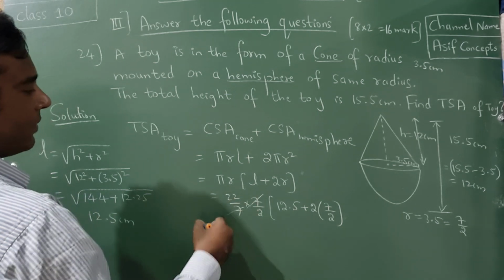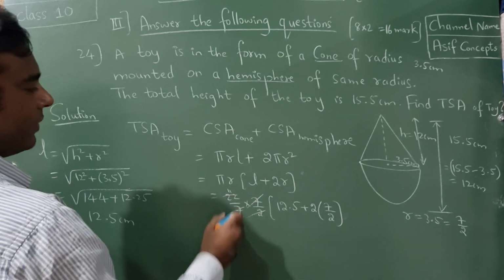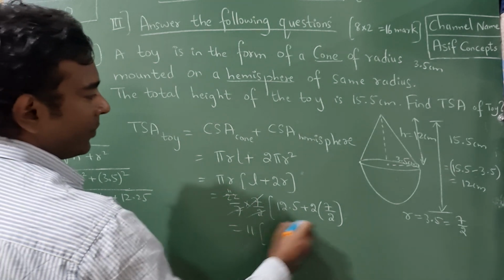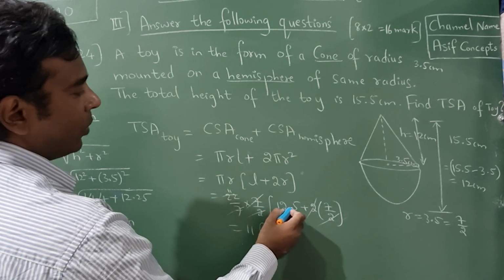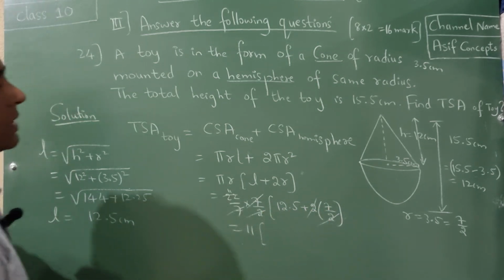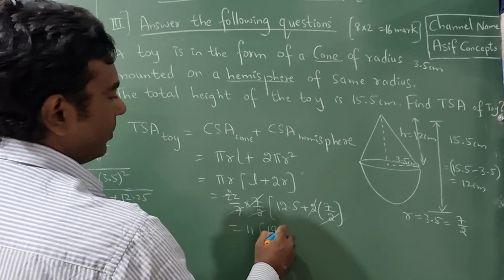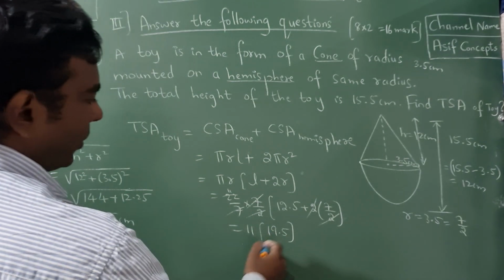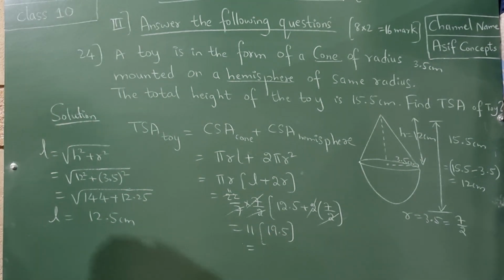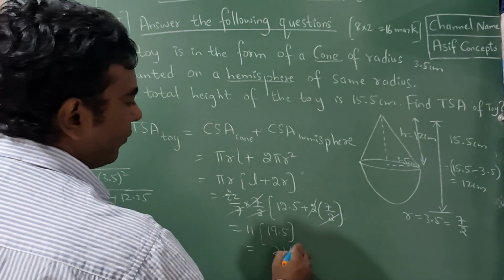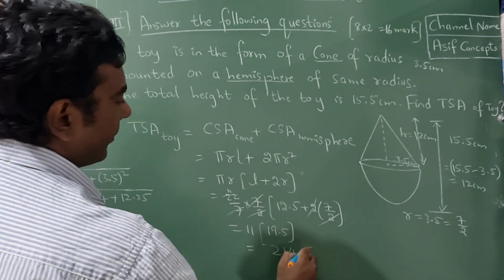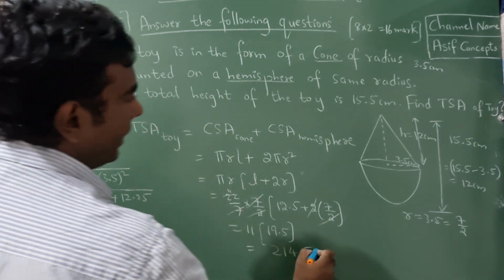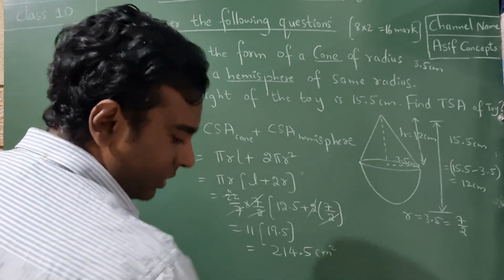Now this 7 gets cancelled. 2 ones are 2, 11s are 11. This 2 and this 2 get cancelled. 12.5 plus 7 is 19.5. Okay. So if you multiply this, you will get the final answer as 214.5. And since it is an area, this will be in centimeter square.